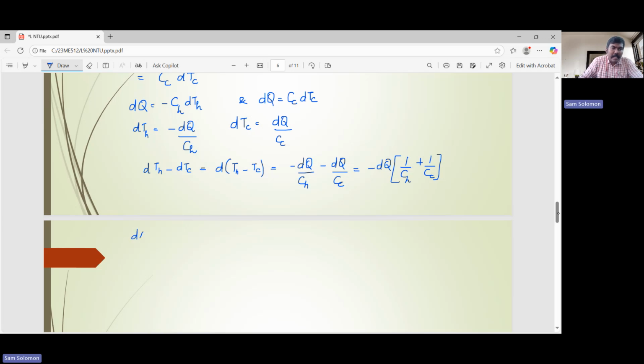And we also have another expression for dq, which says dq is U dA times (TH minus TC), because we were talking about a small elemental area.